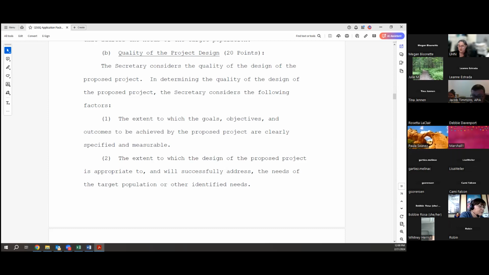There is no right or wrong of how many goals you have. Some programs have multiple goals. Some programs have one goal.